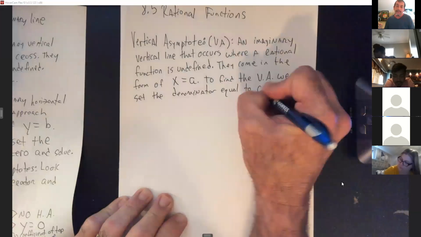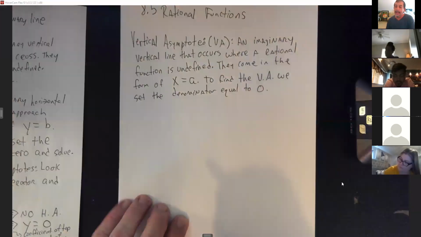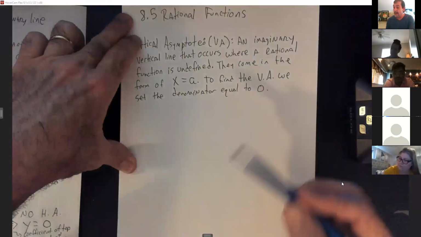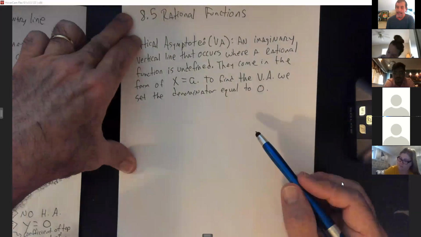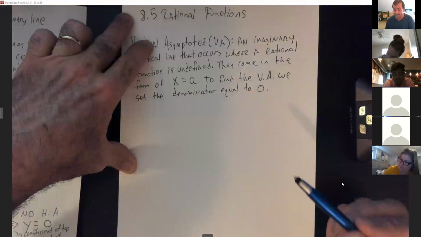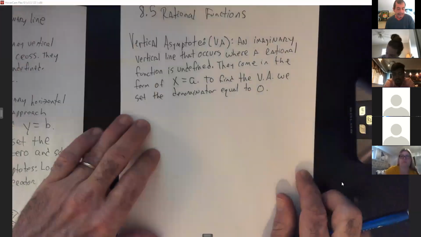So y'all, finding a vertical asymptote is the same thing as finding domains. You take the bottom of the fraction, set it equal to 0, and then your answers will be x equals whatever number, x equals whatever other numbers, okay? Same thing.